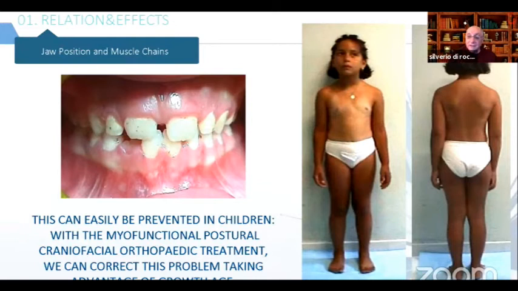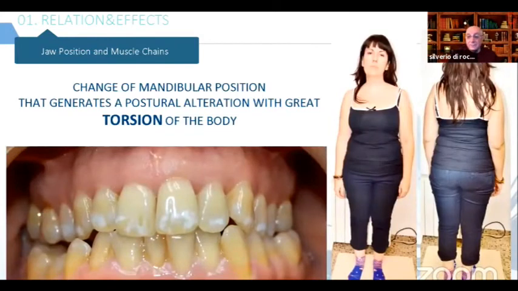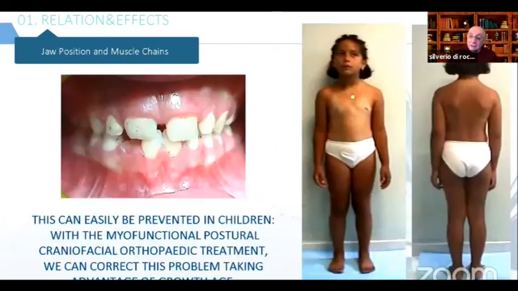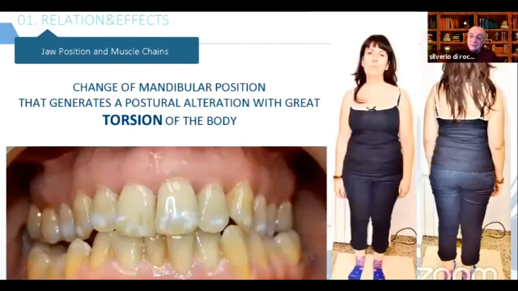Because in this age, you can prevent the future of your patient to do not arrive like this. This is not the same patient, two different patients. But if you follow the diagnosis, is the same. Maybe that patient, when she was a child, was like this. Nobody treated. And then arrived like this when he's an adult and we have to treat it.